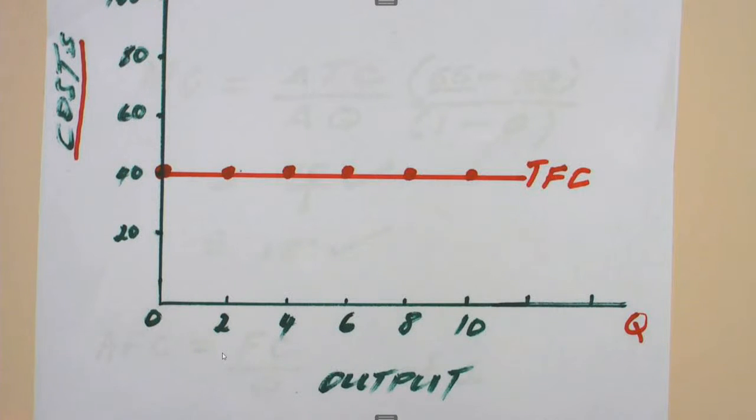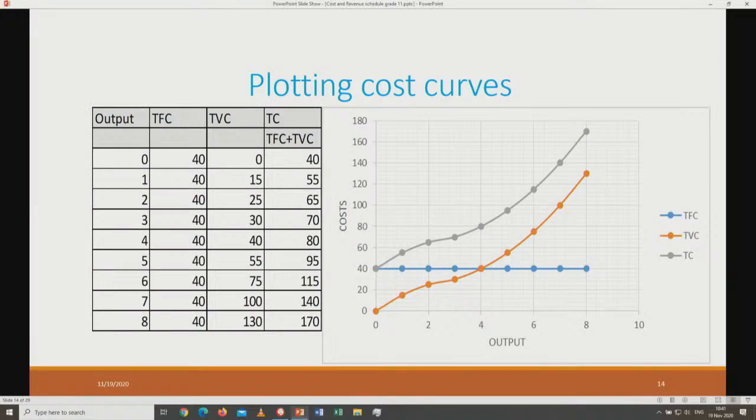When we are not producing anything, what is the variable cost? It is 0. So our curve is going to start here. Let's look at the next one. The next one is when we are producing, let's say, number 2. When we are producing number 2, our variable cost is 25. When we are producing the second, it's 25. So for 2, we're going to look at 25.